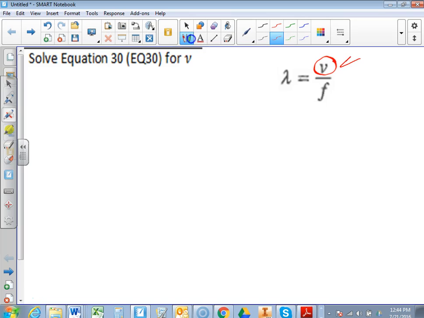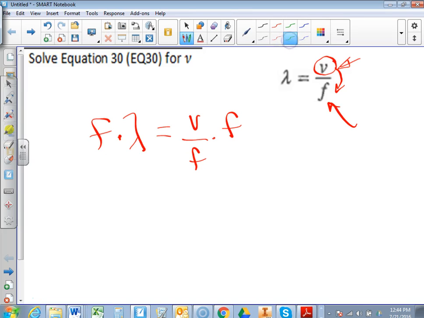We want this by itself, then we need to get rid of f, which happens to stand for frequency, but it doesn't matter. So to get rid of the f, we have to do the opposite. Well, v is being divided by f. So the opposite of division is multiplication. So it's lambda, that's a Greek letter, equals v over f, and we're going to multiply both sides by frequency, by f.